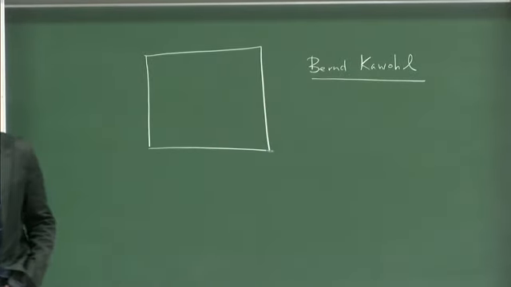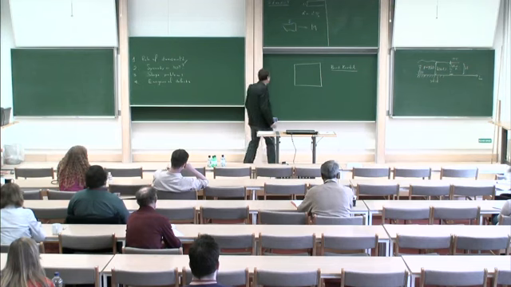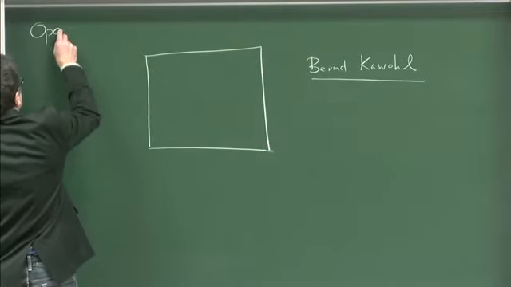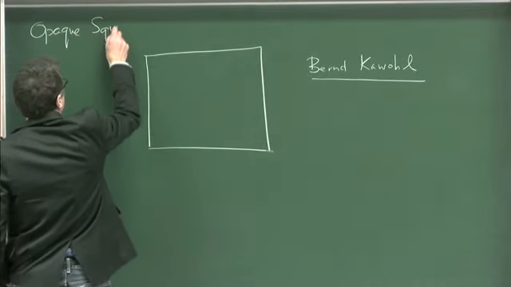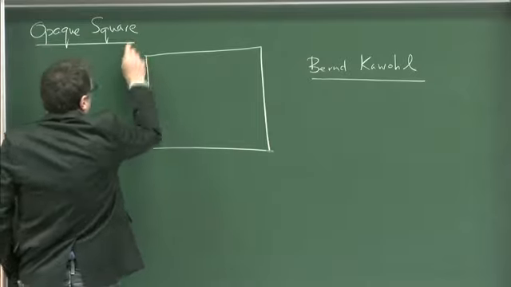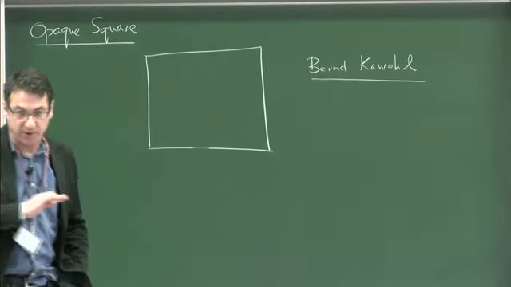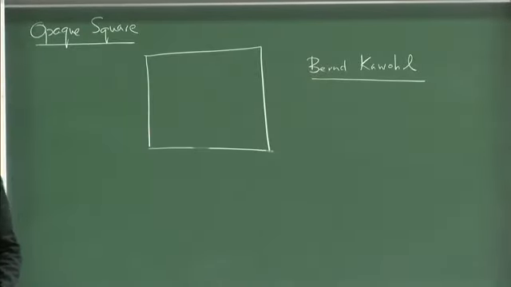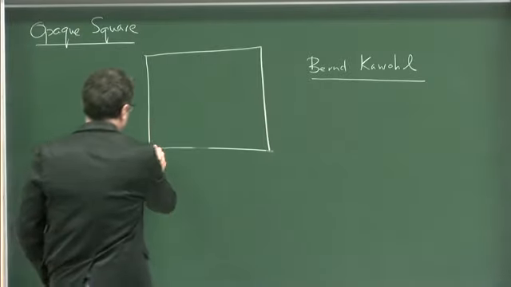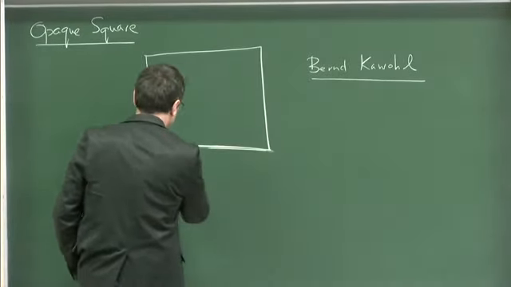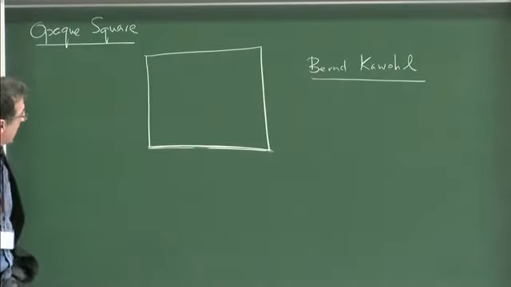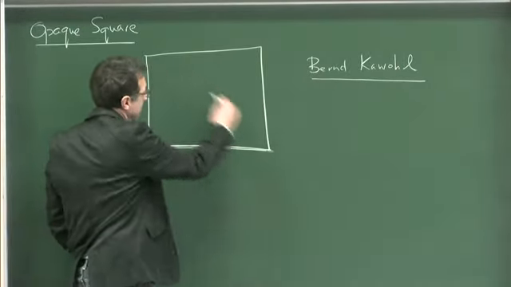So this problem is the following kind. It's called the opaque square problem. So you have a 1 by 1 plot of land or shape like this, and you have to build a mirror, say.